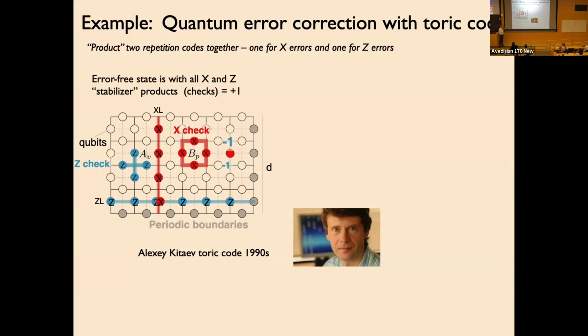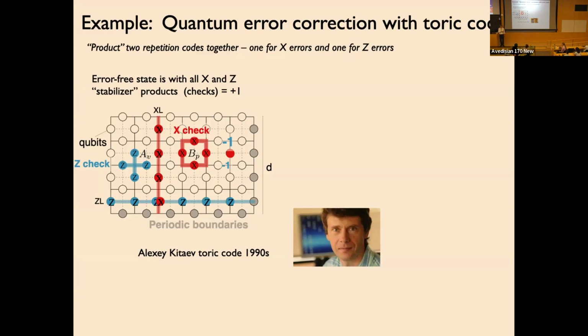And in this code, to apply logical X operators, you need to apply X on all qubits going, for example, from top to bottom, and Z on all qubits going from left to right. And what we see is that these products overlap only in one point. So for this reason, they anti-commute.